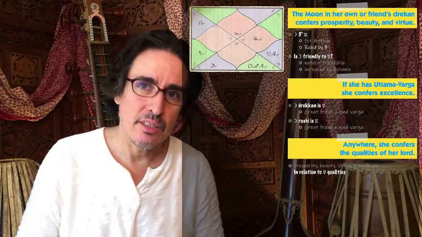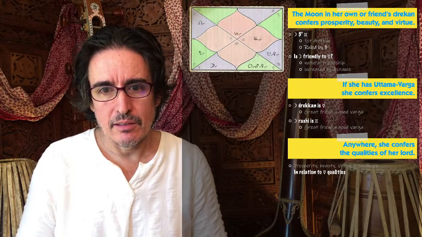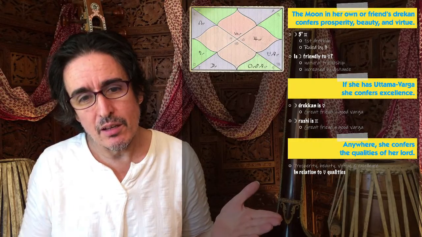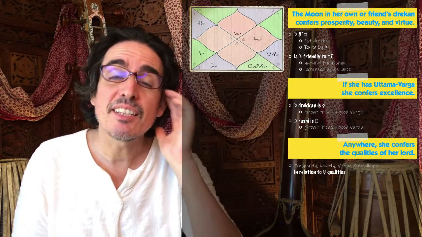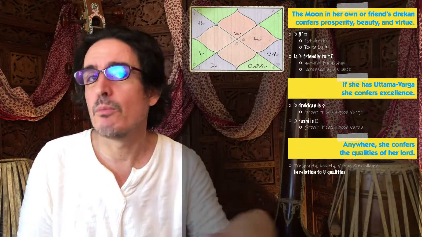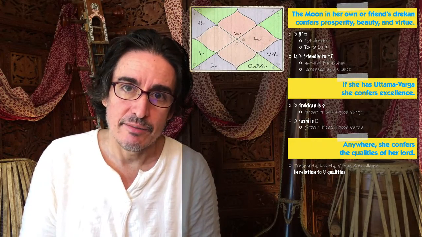Detail, organization. So, you get it? If the moon was in a different kind of Drekkana, then it would relate to something else. Like if it was in Jupiter's Drekkana, then it would relate to more morals, morality, charity, generosity, stuff like that.